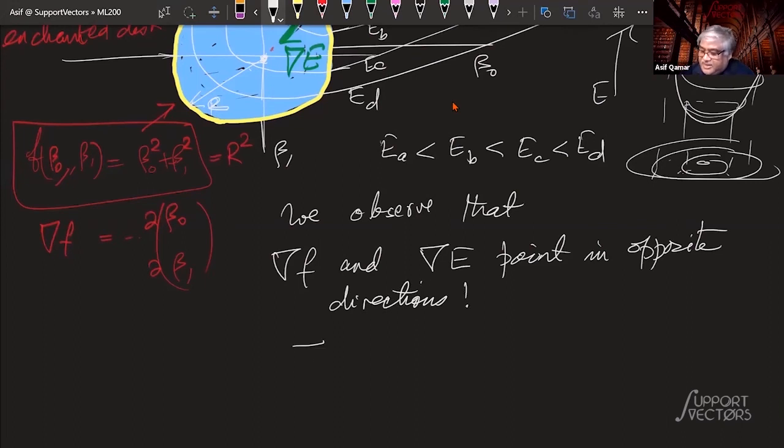Right? And so we can write gradient of F is equal to minus lambda times the gradient of E, but we don't know what the magnitude is, so we'll put a lambda parameter here. Right? So far, so good, guys?